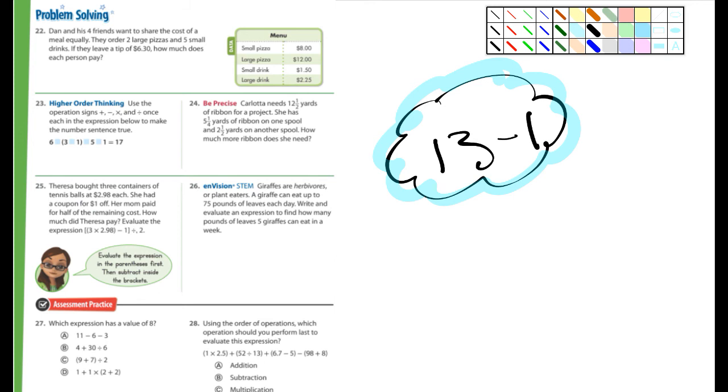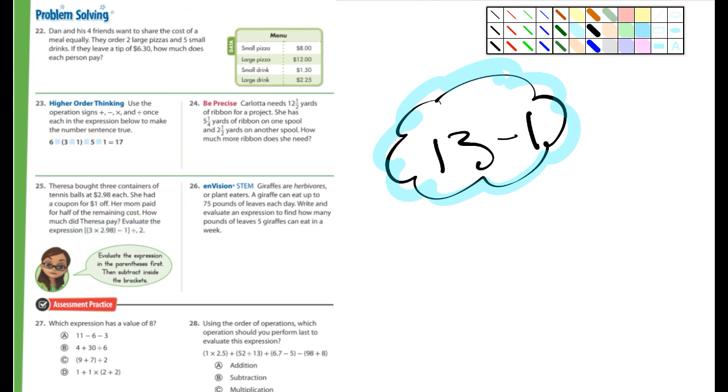And then it says, evaluate the expression. 3 times $2.98. Okay, that makes sense. Minus 1. And divided by 2. So this expression will answer the question for you if you do that. She bought 3 containers, $2.98 each, and there was $1 off. And then her mom said she'd pay for half of the remaining cost. Well, if you want to know what half of something is, you divide it by 2.